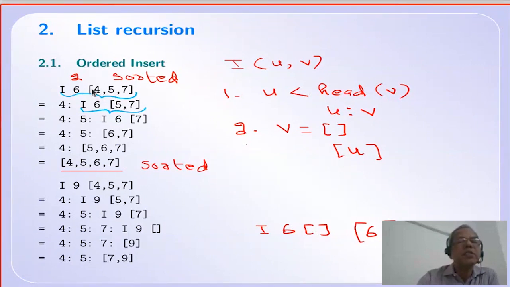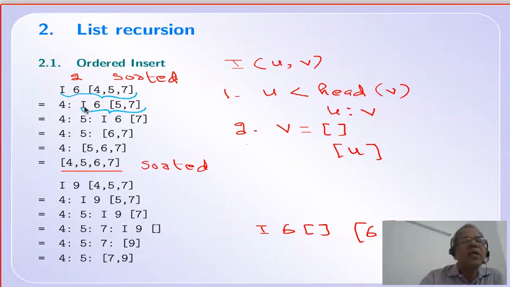The input size to the original call is, okay, the input is 4, 5, 7, therefore the input size is 3. Let us measure the input size in terms of the number of elements of the list, the length of the list. Whereas the input size to the recursive call is 2. After we have inserted 6 into 5, 7, all that we need to do is prepend 4.